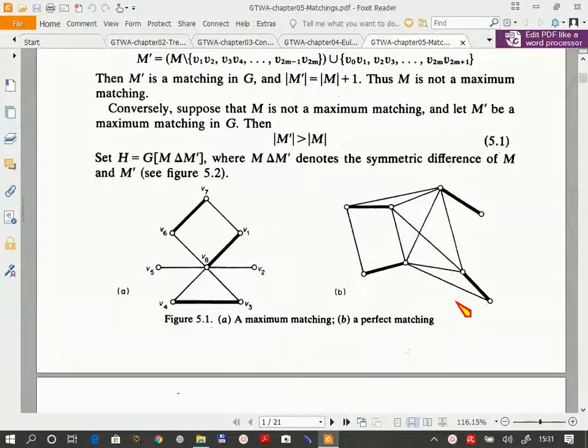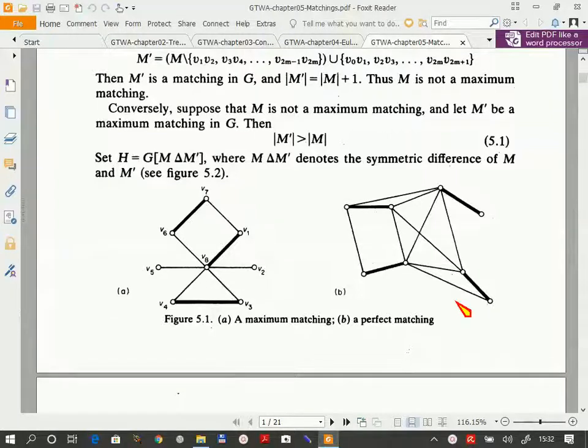Can you see this color or not? Maybe green is better. No, it's the same. I put it in red, okay? Is this a matching? Sure it is, okay?